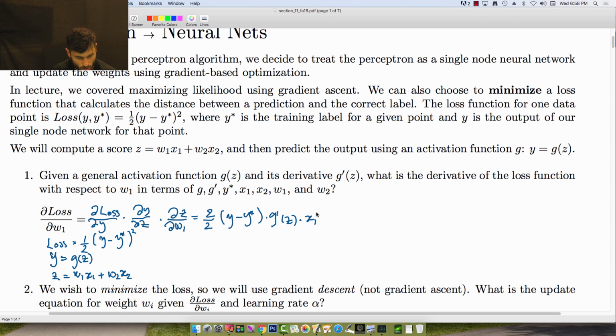So if we just substitute y equals g of z, we end up having that this whole derivative is (g of z minus y star) times g prime of z times x1.